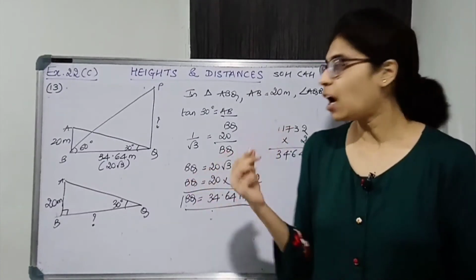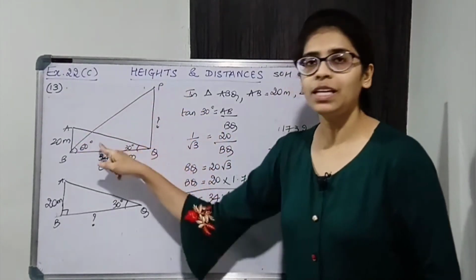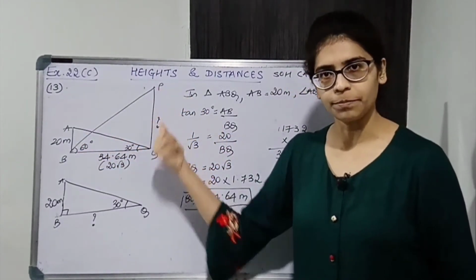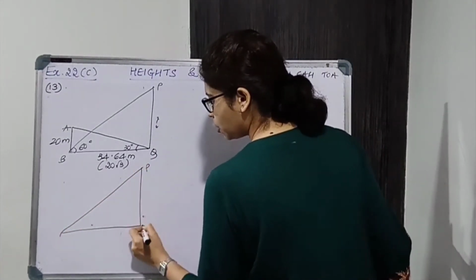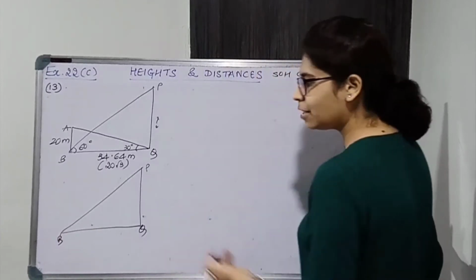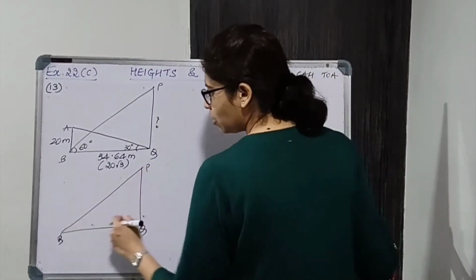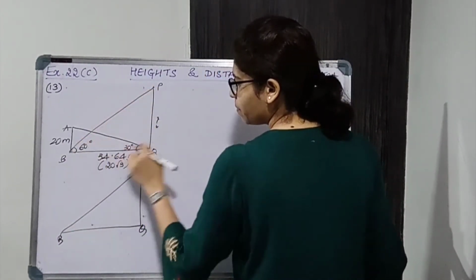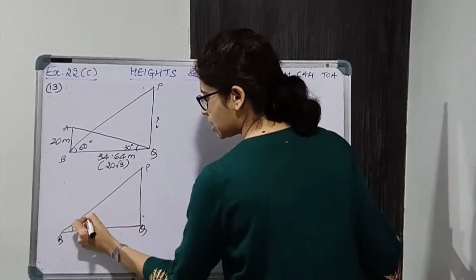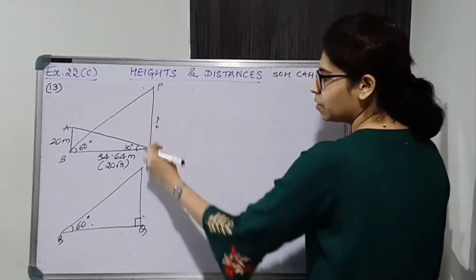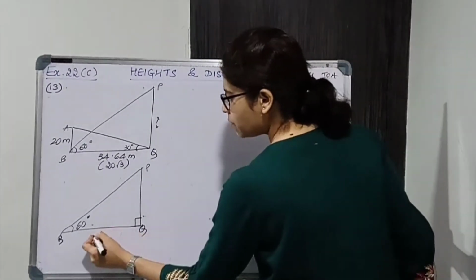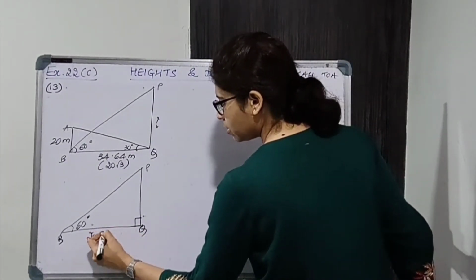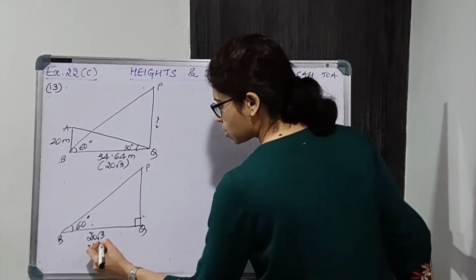Now we'll consider triangle PQB and find PQ. So PQB, I'm drawing this separately for understanding. What is its angle of elevation? In PQB it is 60 degrees. This is 90, correct? This is vertical, this is horizontal, so the angle is 90 degrees. Now this we found, that is 20 root 3 or 34.64.